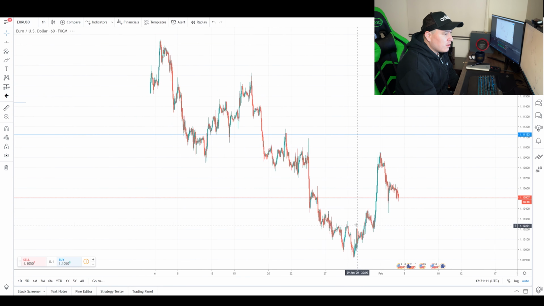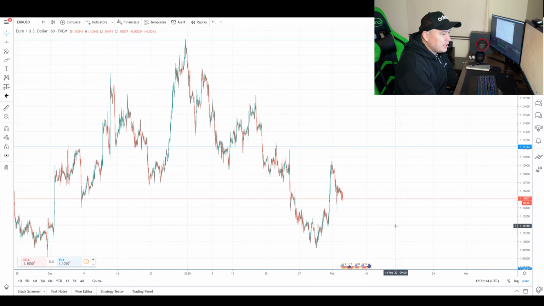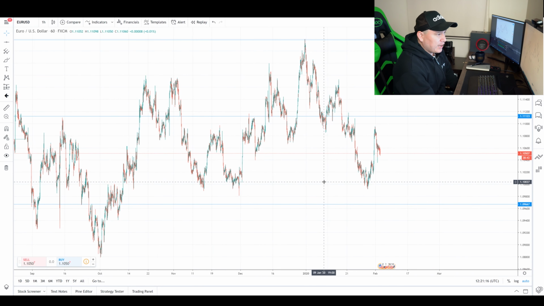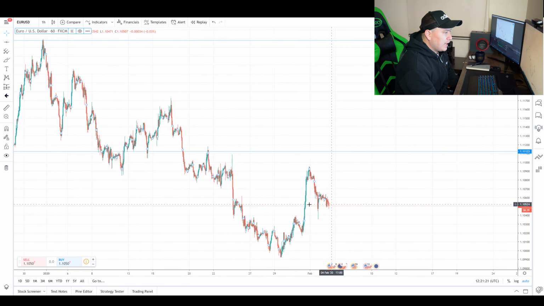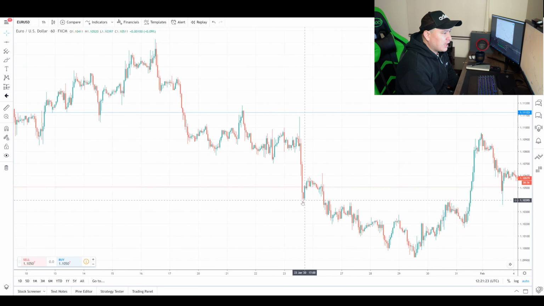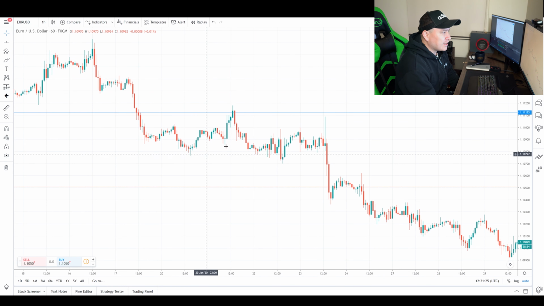You can change it to 1 hour and look at the trends. It doesn't mean that you need to place 20 trades per day. But let's say, for example, that you are in hourly candles, and let's see what happened every time this resistance line was actually touched.